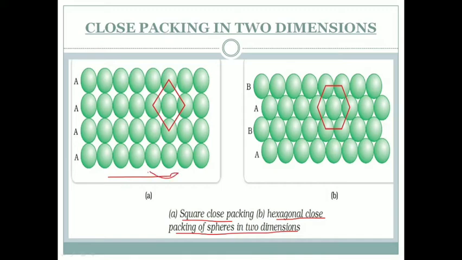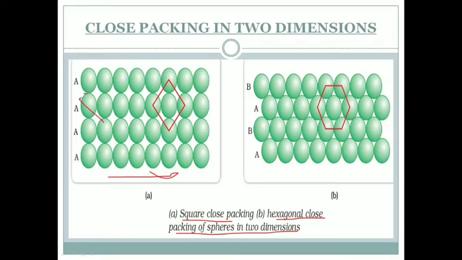This is one way. The second row may be placed in contact with the first one such that the spheres of the second row are exactly above those of the first row. The spheres of the 2 rows are aligned horizontally.